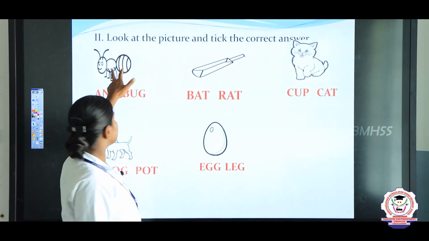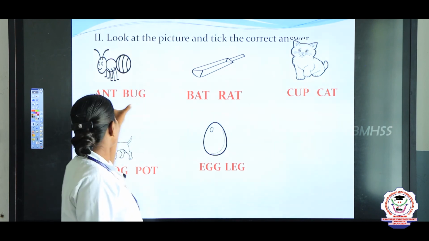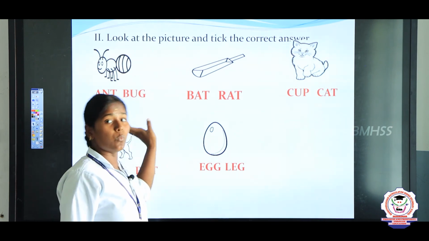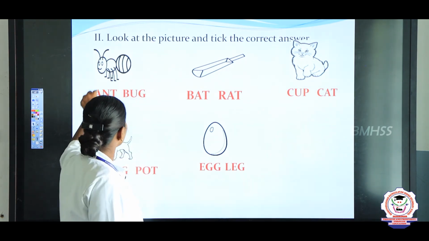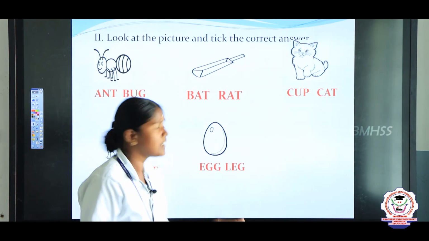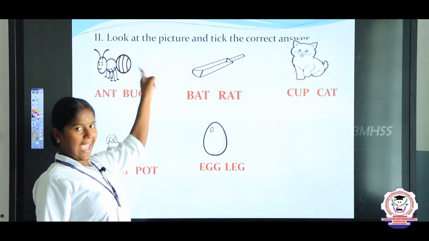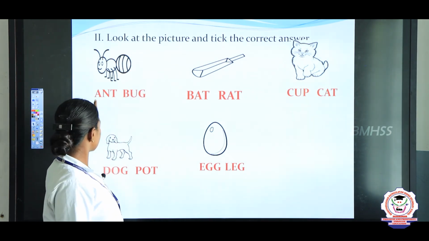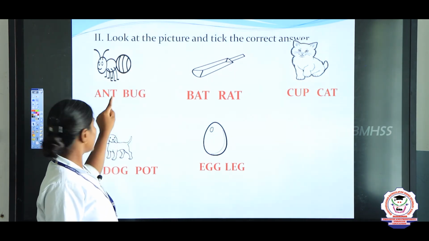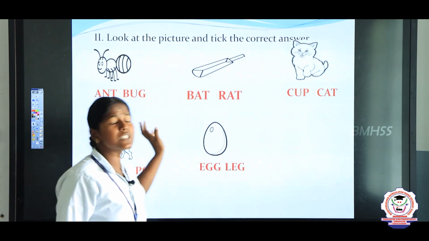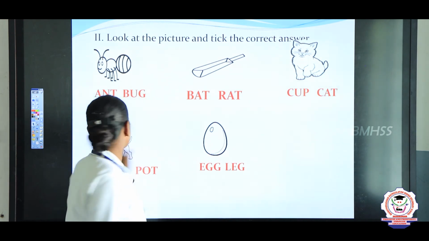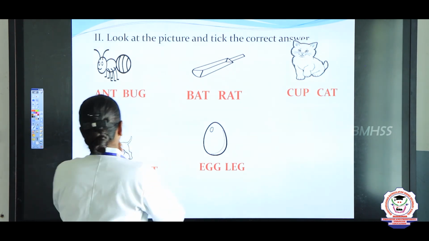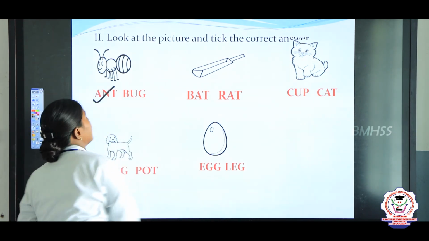For example, this is the ant and they have given 2 different words and you are going to tick the correct answer. What is this? Ant. Here they have given 2 spellings. First one A-N-T, ant. B-U-G, bug. Which one is correct? Yes, the first one A-N-T is the correct answer. So here you are going to tick the correct spelling like this.